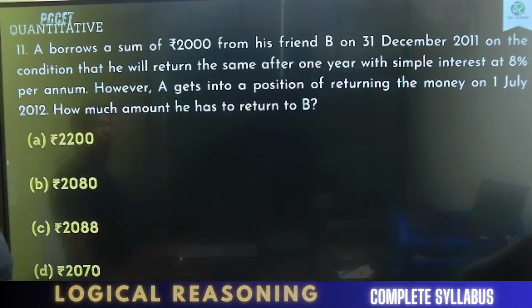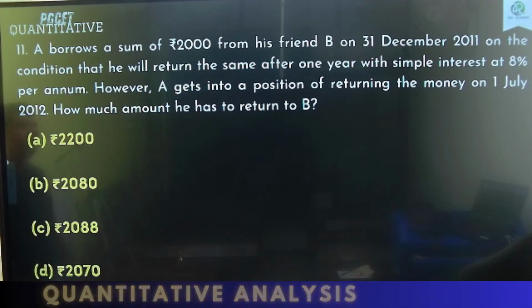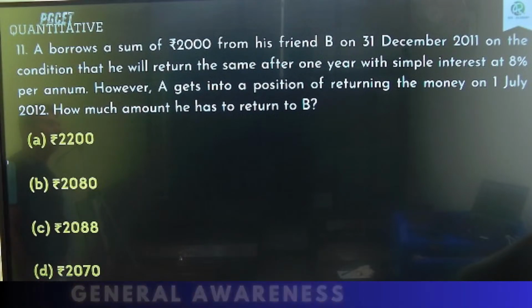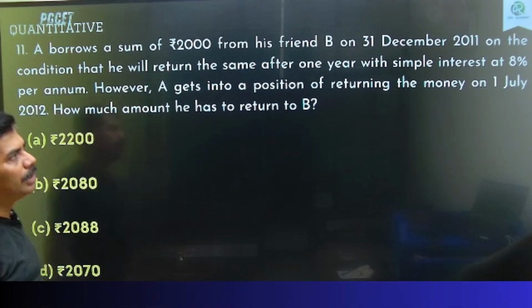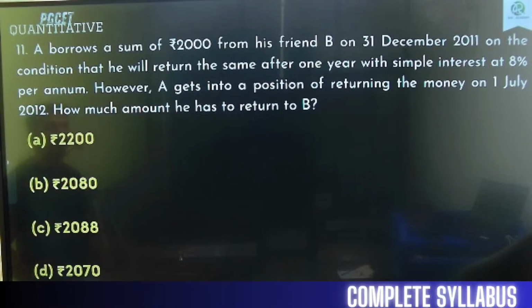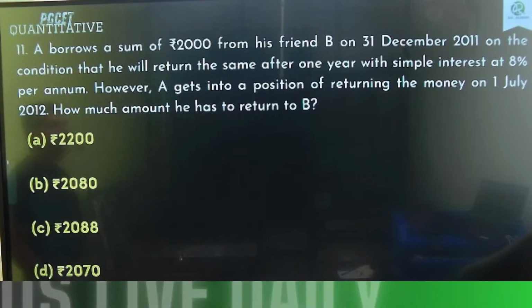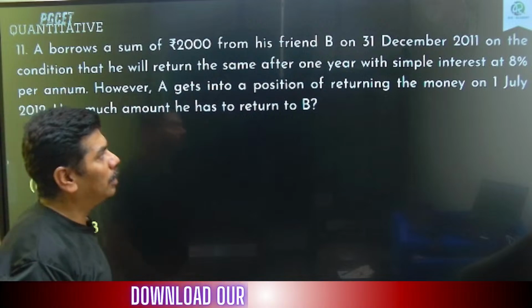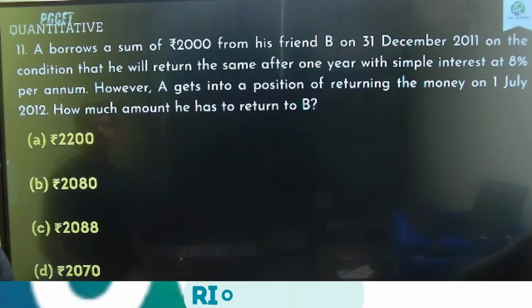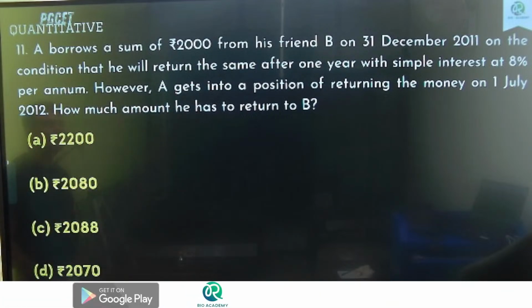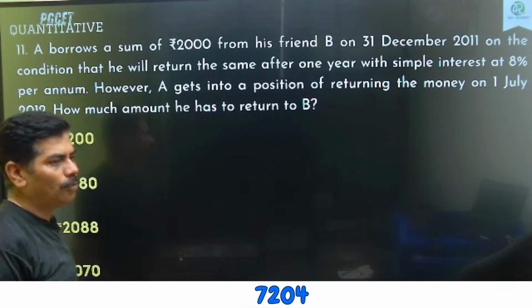On the condition that he will return the same after 1 year with simple interest at 8% per annum. However, A gets into a position of returning the money on 1st July 2012. How much amount he has to return to B?